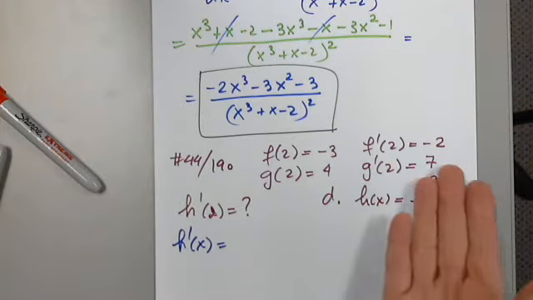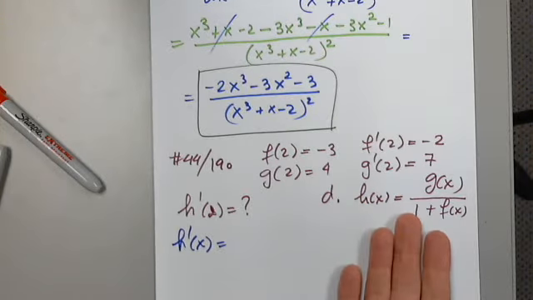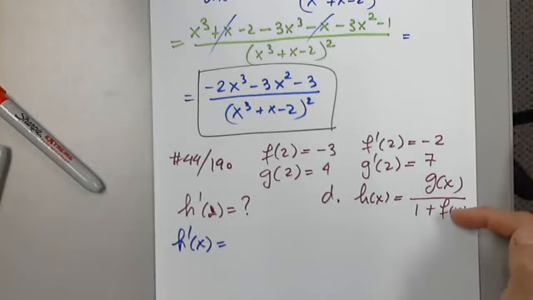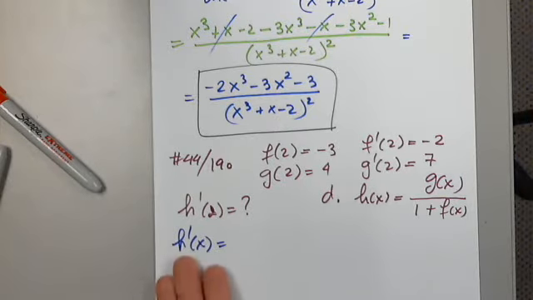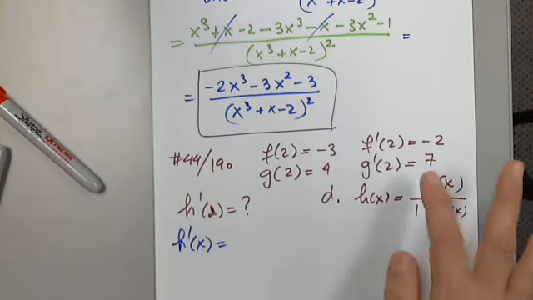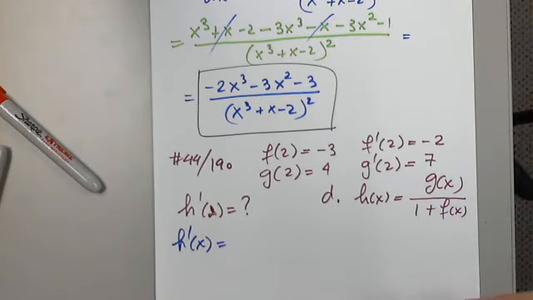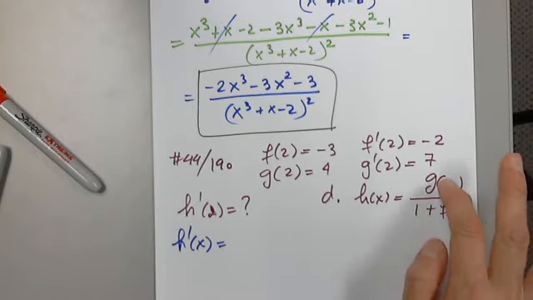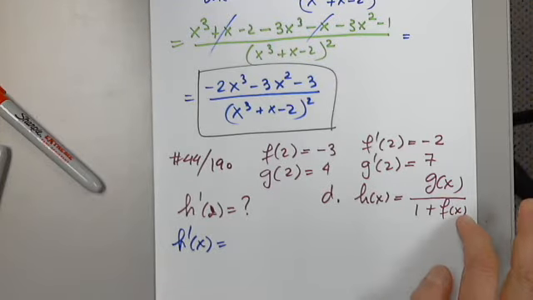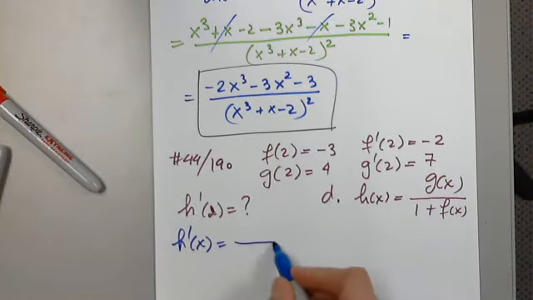So here's our function, h of x. It's given using g and f, and they say g and f are differentiable functions. I need to find h prime. So I'm going to differentiate a product. I'm sorry, a quotient. I have function 1 at the top, and this is function 2. So it's a quotient.